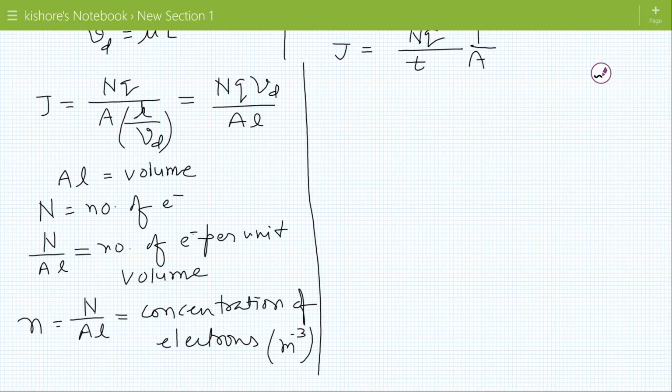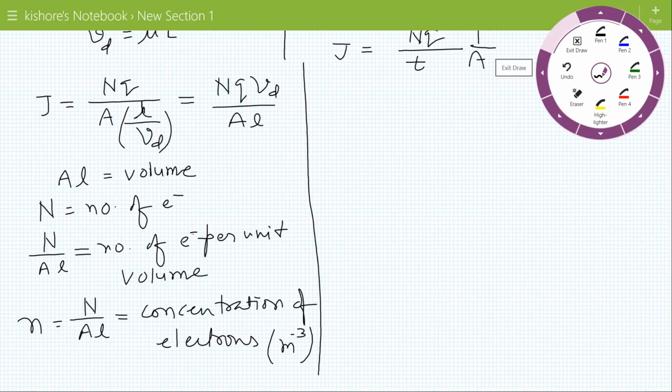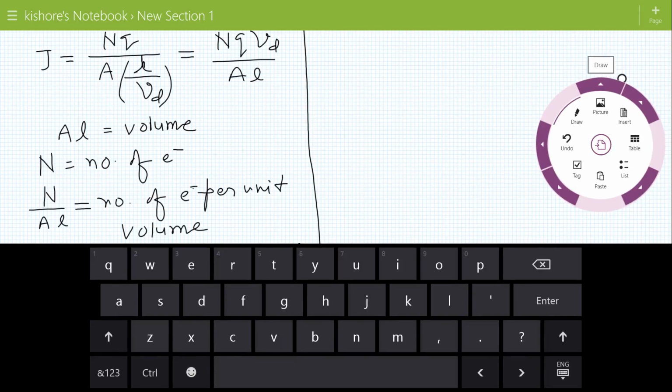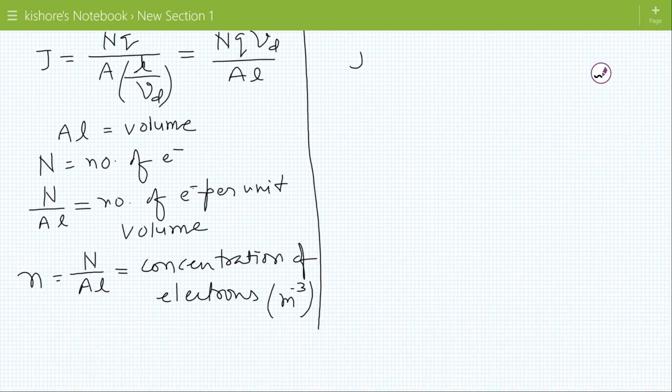So the expression for current density is now J, that is nq into Vd, and this n into q, n is the concentration of electrons per unit volume, so nq is the charge of electrons per unit volume.